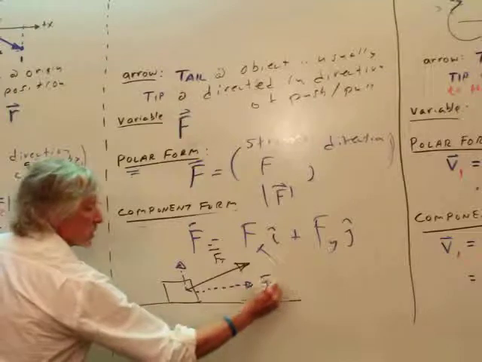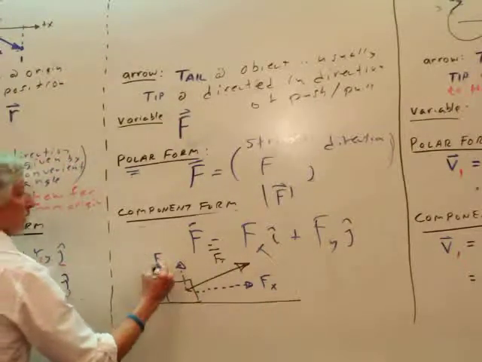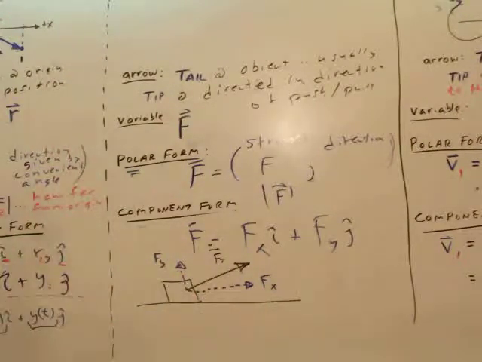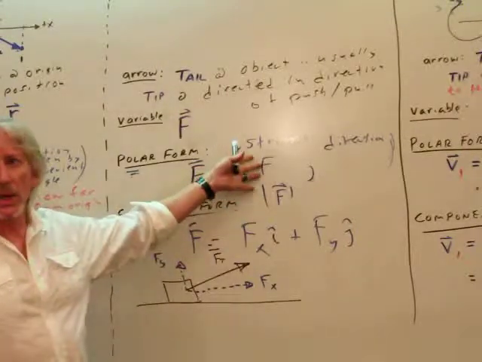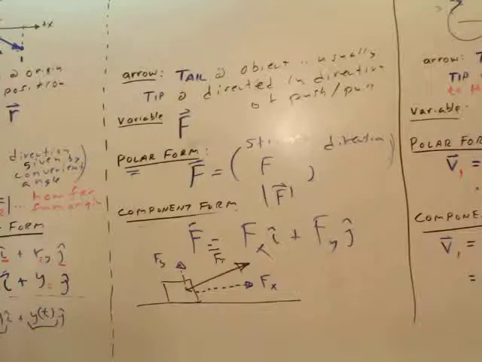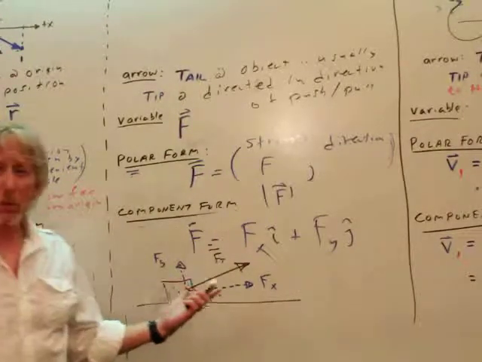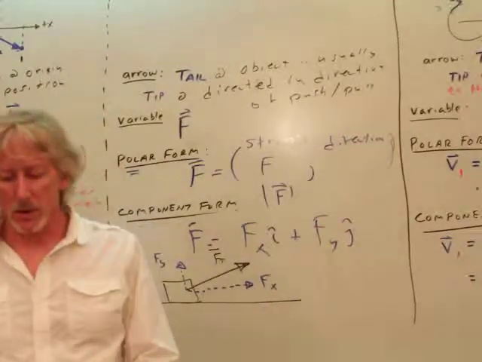This might be my force x, and this might be my force y, and so on. But it's still the same idea. You've got an amount and a direction, but the meaning is very different. And so that gives you, hopefully, some idea of the notation that would be used, and then we'll do some examples.